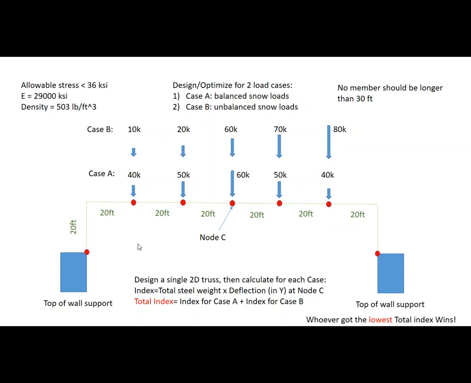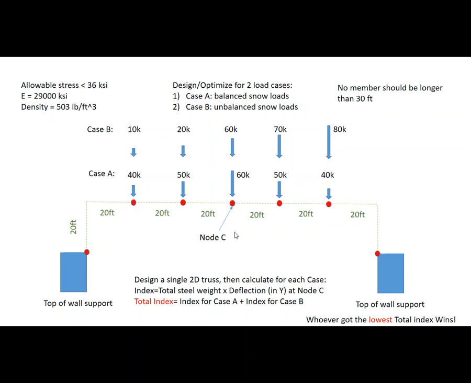But here's the catch. For a roof, or any steel structure, if you're doing a truss, we want it to be as stiff as you can, which means the deflection after you apply all the loads at the center point, node C, will be small. Then your total weight can be calculated from each member: you have the length L, the area A, you multiply those together, times the density, and that gives you the member weight.